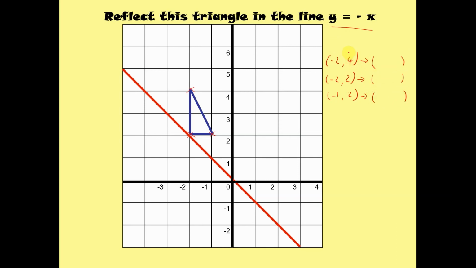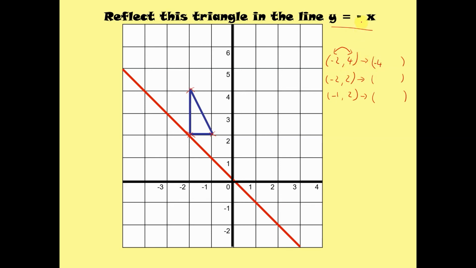So instead of minus 2, 4, we're going to write 4, minus 2. This comes first, 4. But not only that, we are also going to change their sign. This is very important.